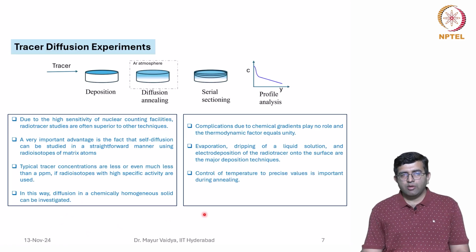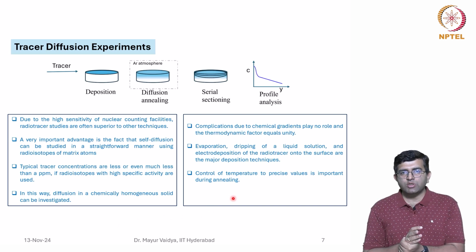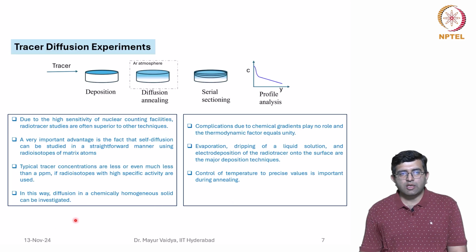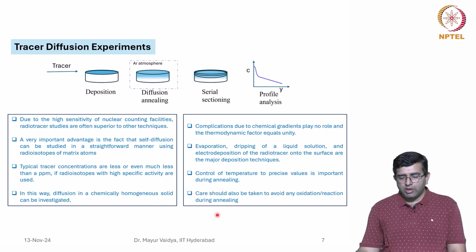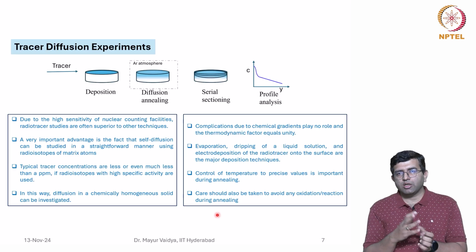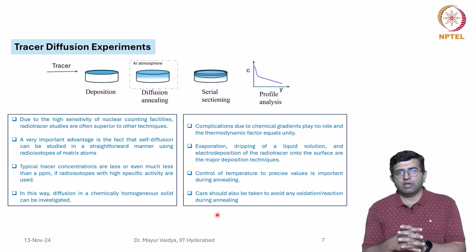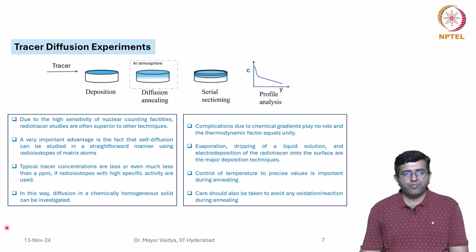Then when you do the diffusion annealing, you want to ensure that the temperature is controlled to precise values, so that you get interpretable data. You also need to take care that annealing is done in an argon atmosphere, so that no oxidation or any unwanted reactions happen during the annealing process.